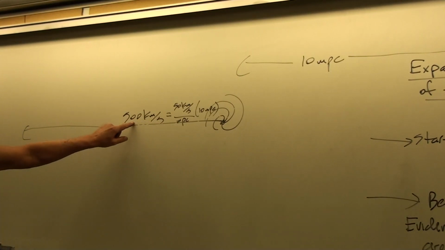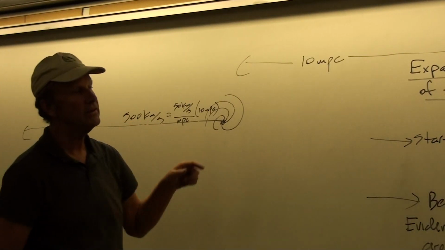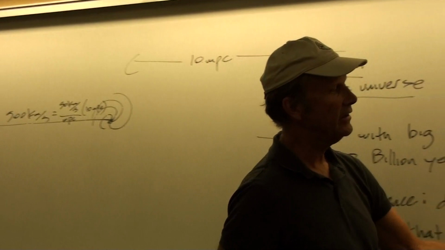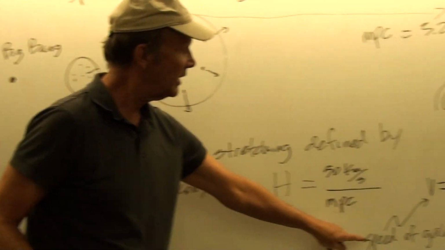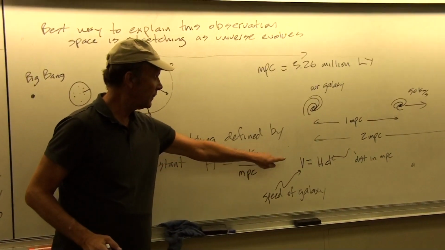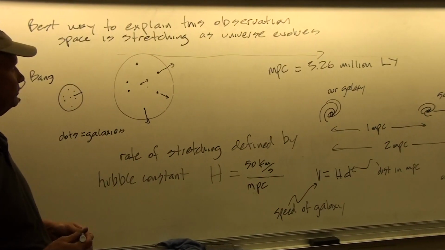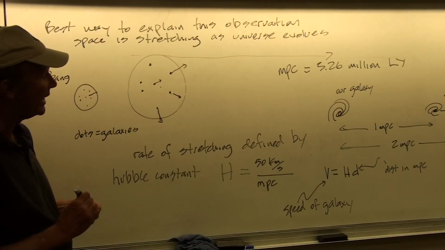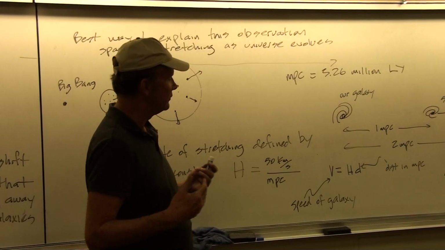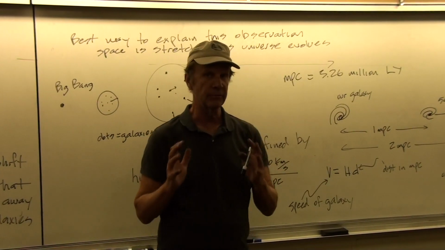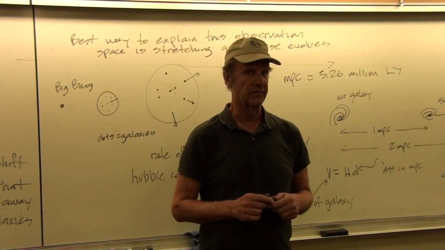That would give us 500. So we can get the velocity of recession of the galaxies from the Hubble constant using this relationship, V equals HD. Okay, and so as we get more and more refined versions of the Hubble constant, we will be able to estimate these velocities better.